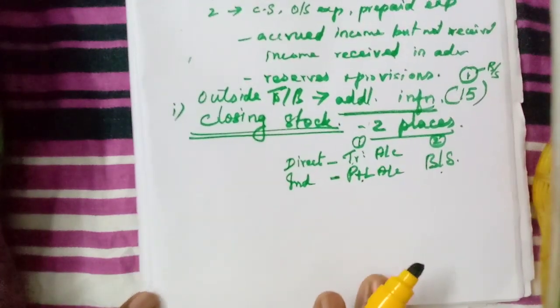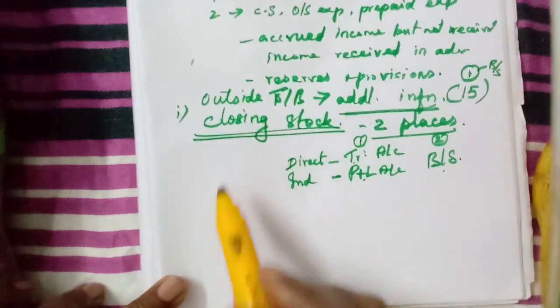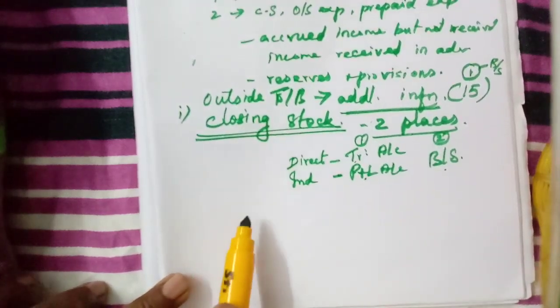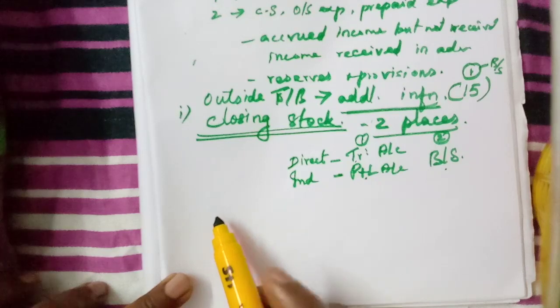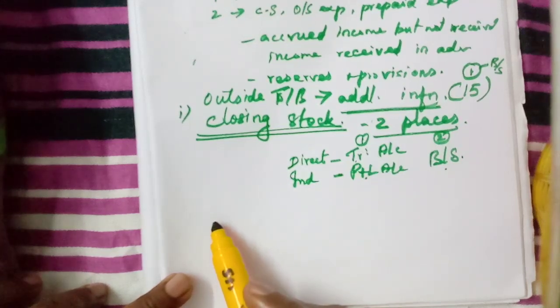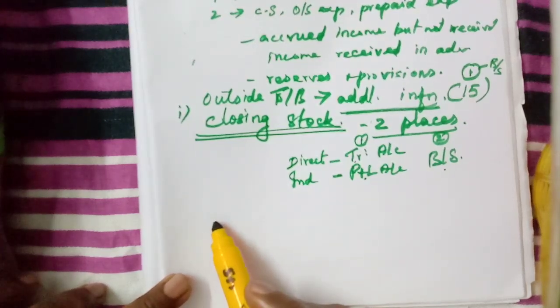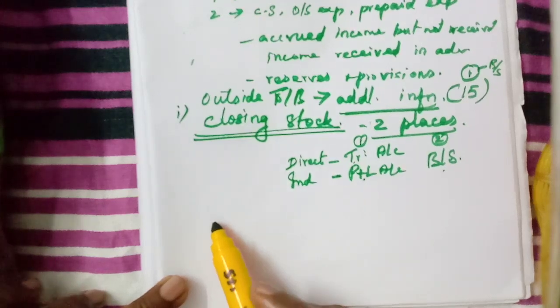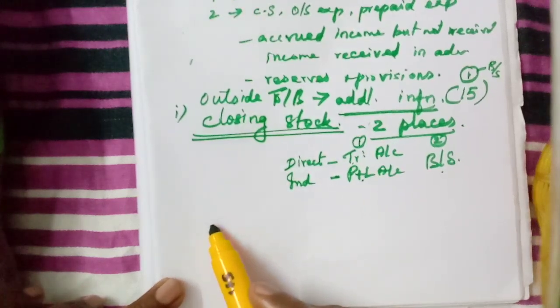Now we will learn the closing stock. You know what is closing stock? Closing stock means the stock available in the store without selling. After production they may keep it in the store. That means the unsold stock.